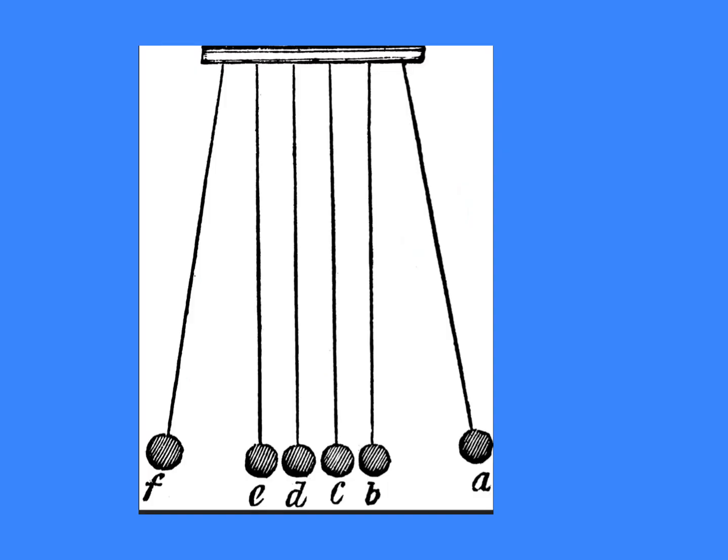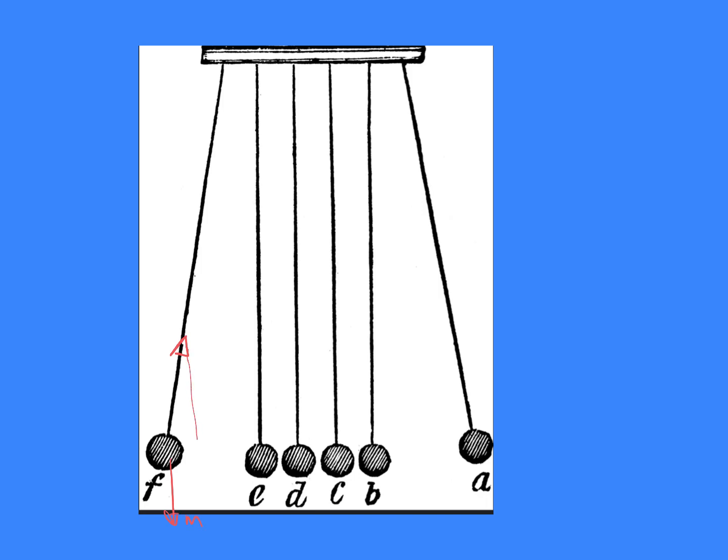This is even more interesting. Imagine this is the object. The object will be pulled by the gravitational force. There is a tension here, and there is the weight mg.